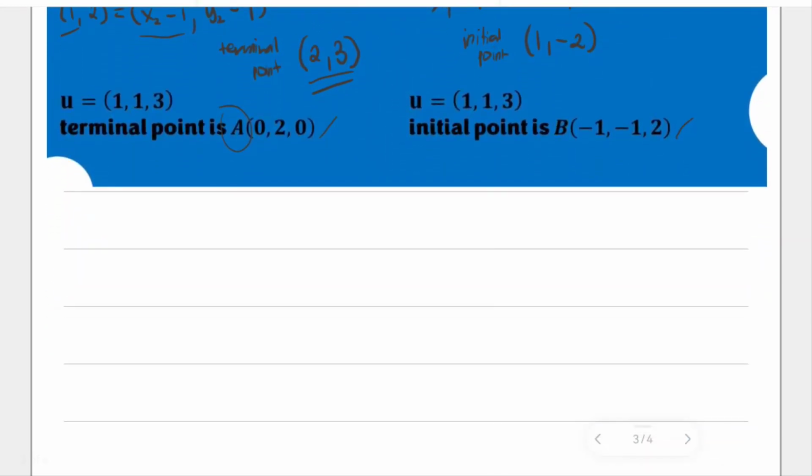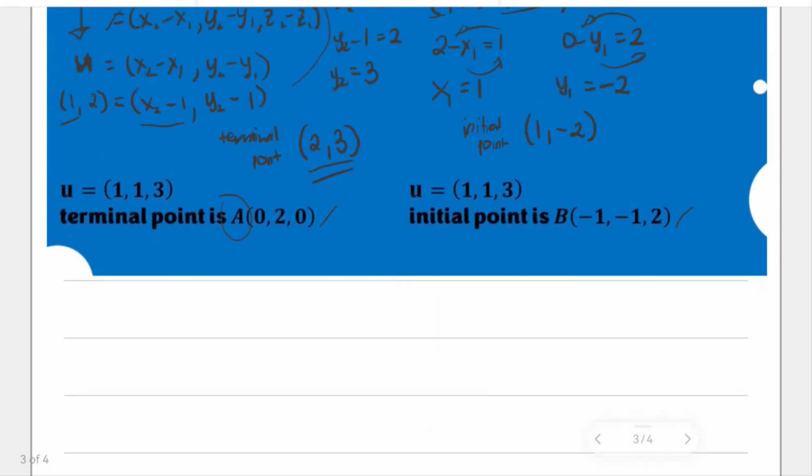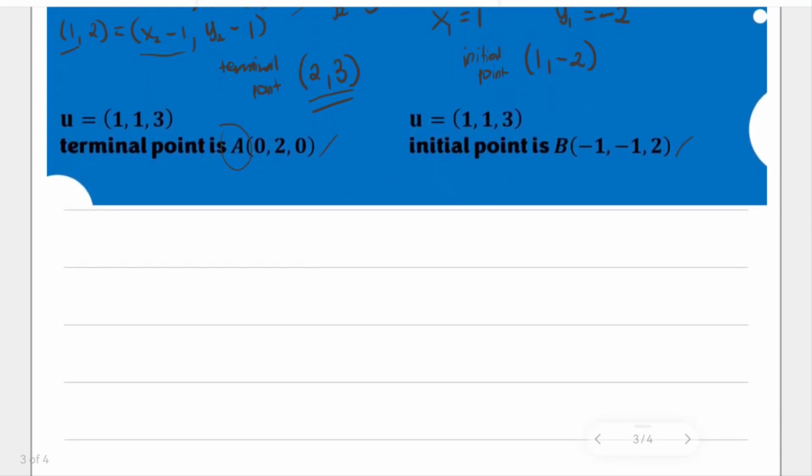We just simply extend the formula as mentioned earlier. So our u here, let me make this bolder, is equal to x sub 2 minus x sub 1, then y sub 2 minus y sub 1, and we have z sub 2 minus z sub 1. And our vector u has components 1, 1, and 3.